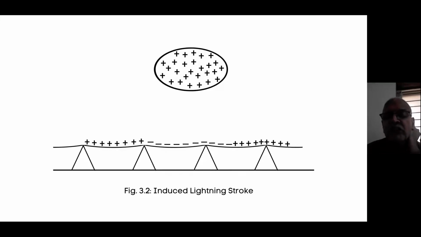Switching surges are available in all seasons. They are also like lightning stroke. The difference is only in its characteristic, which we will see later. But right now we are seeing this is an induced stroke, right? And you have to think about protection of insulation against this induced stroke.